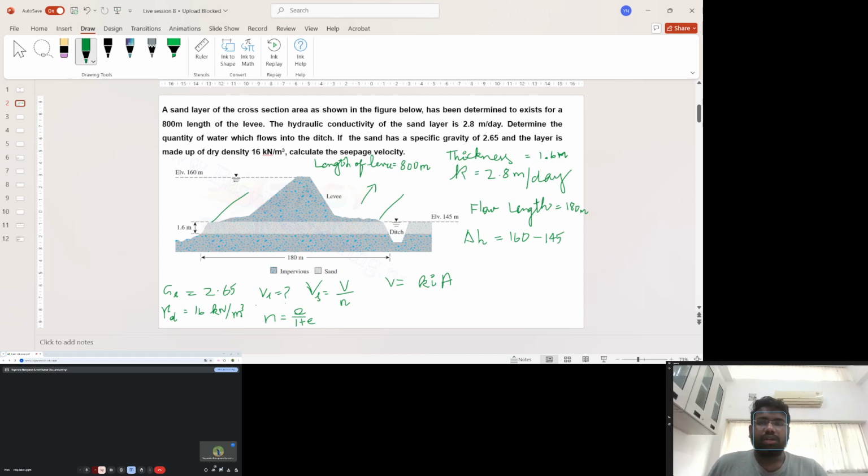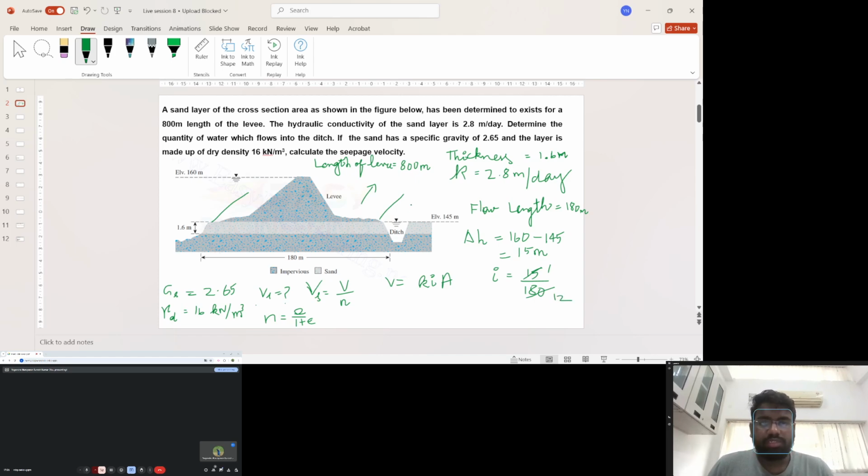So the total head loss is 160 minus 145, which gives us 15 meters of head loss, and flow length is 180 meters. So i will be 15 by 180, which will give us 1 by 12.